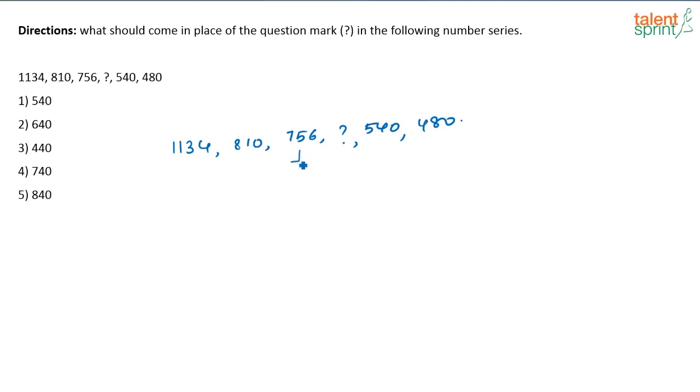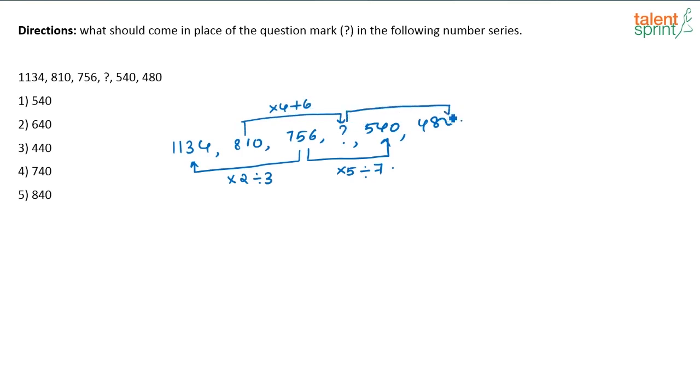So this is 756 into 2 divided by 3, okay, and here you have 756 into 5 divided by 7, okay, and here it is 810 into 4 divided by 6 into 8 divided by 9.